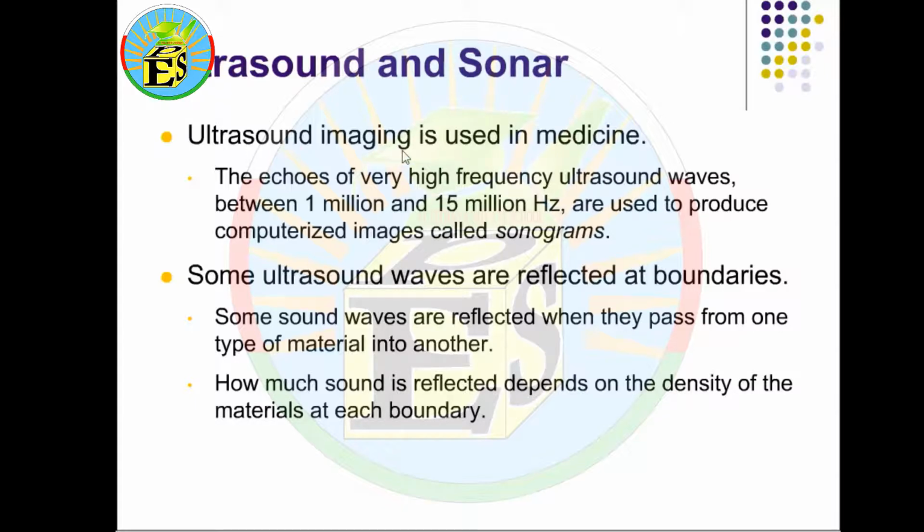Ultrasound imaging is used in medicine. We all see this device used to look inside our body without opening our body. We use ultrasound. The echoes of very high frequency ultrasound, between 1 million and 15 million hertz, are used to produce computerized images called sonograms.